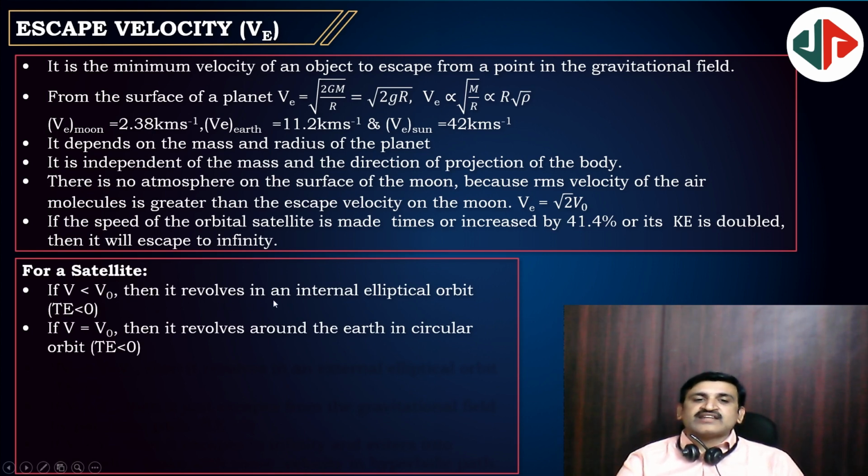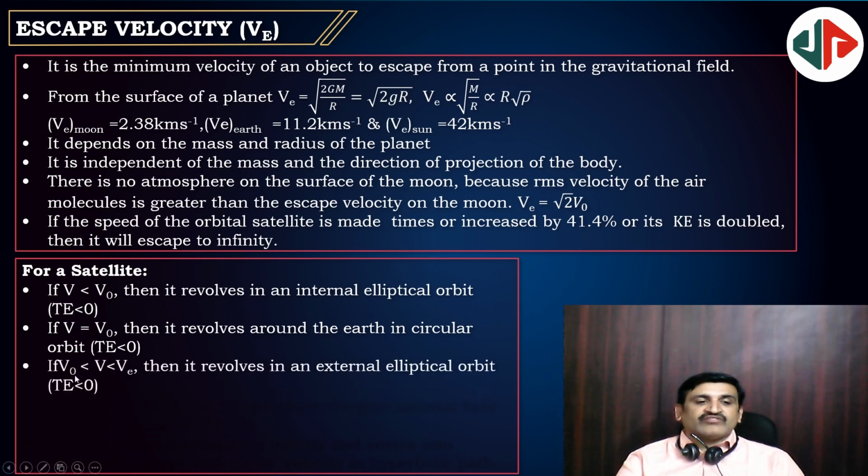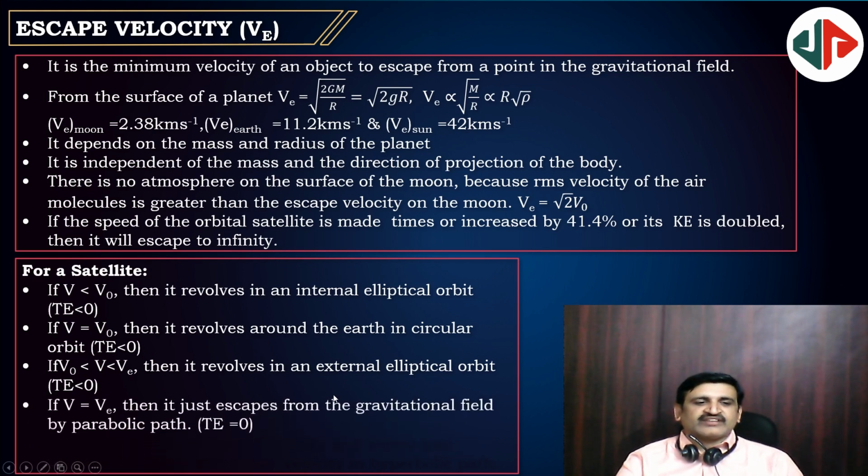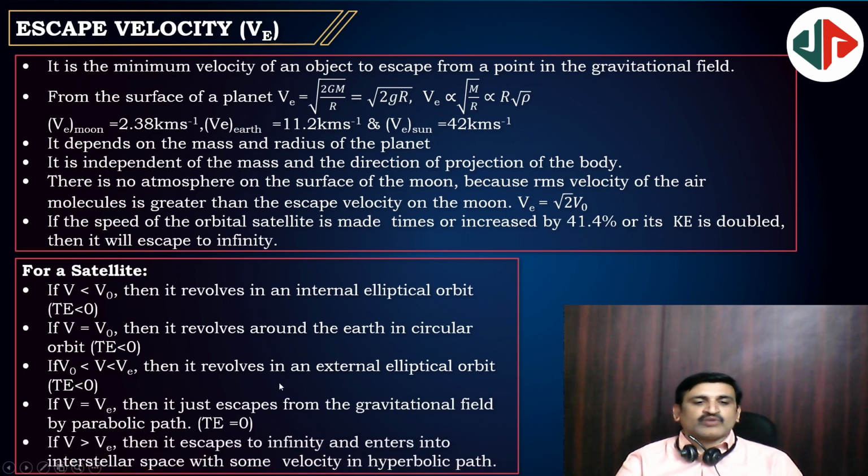It revolves in an internal elliptical orbit. If V is equal to V naught, it revolves around the earth in circular orbit. Excellent point it is. If the velocity of the orbiting satellite is in between V naught and VE, then it revolves in external elliptical orbit. Next, if V is equal to VE, it escapes. Good points, these are all.